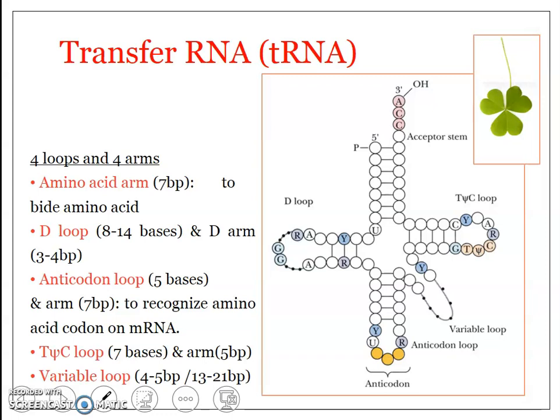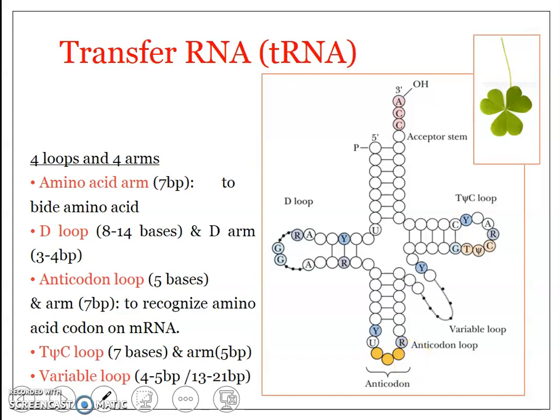Okay, you may have studied the genetic code in your lower classes, right? The genetic code, or the codon, is a triplet code. That is a codon. It is formed of 3 consecutive nucleotides, right? So the anticodon is complementary to the codon on the mRNA.